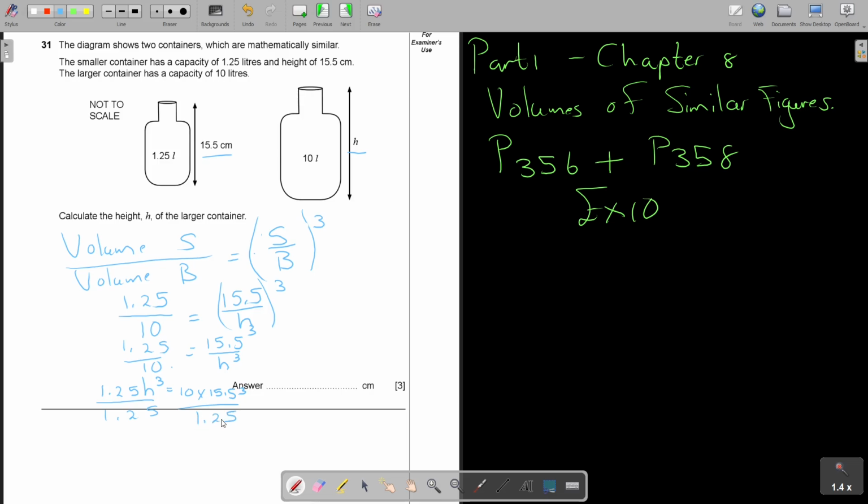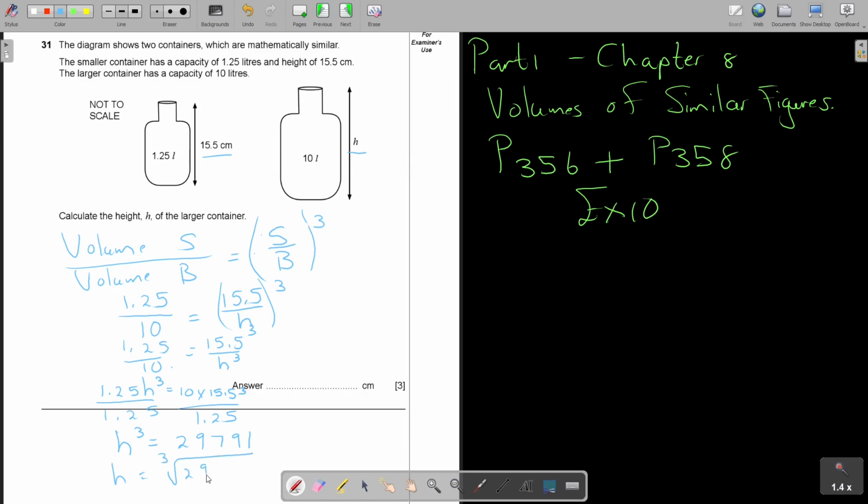And if I press that on the calculator, my 10 times 15.5 to the power 3 equals, divide 1.25 equals. So I'm getting that h cubed equals 29791.